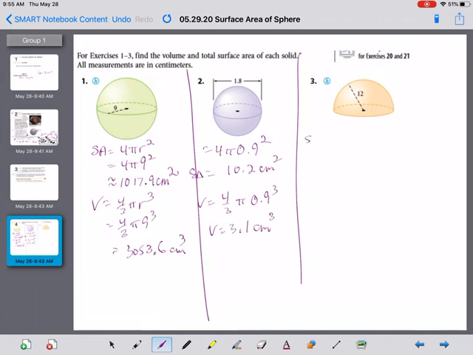All right, now the last one here. So surface area, yes, it's a hemisphere, but you have to also include the circle on the bottom because that's a surface. So it's going to be 2 pi r squared because that's half of the sphere, but then you're adding in that circle, plus another pi r squared. It's actually 3 pi r squared.